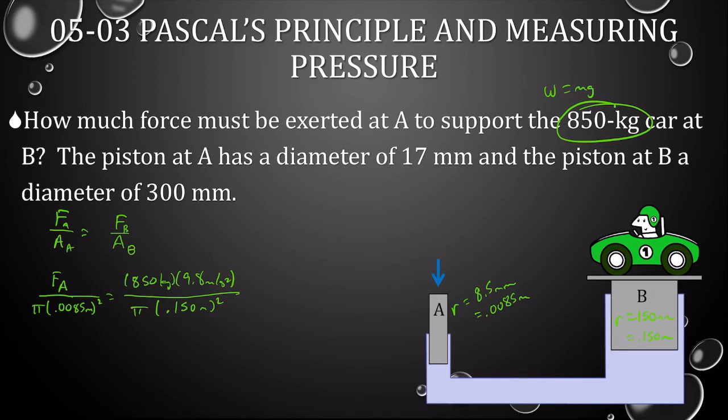Okay, so then we can cross multiply. So pi times 0.15 squared, 0.07069, times F_A equals pi times 0.085 squared times 850 times 9.8, or 1.891, and that is going to be a Pascal or something.